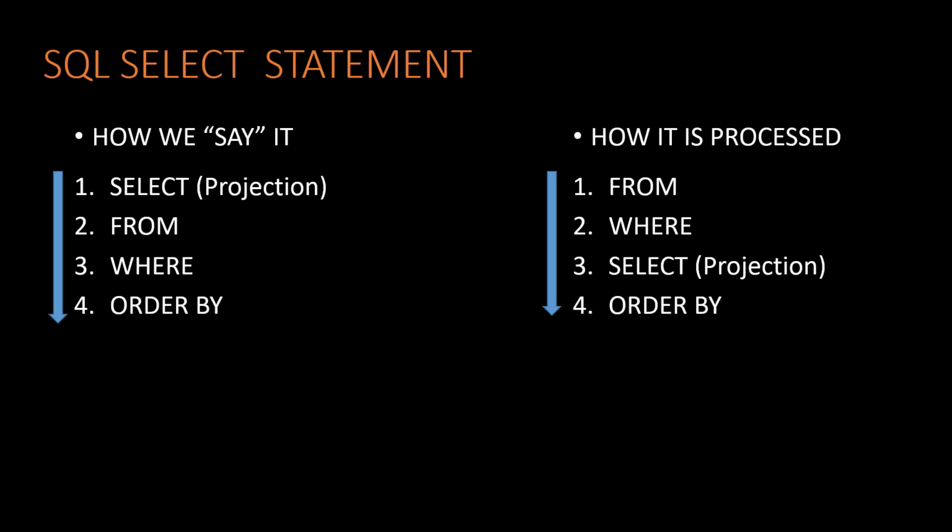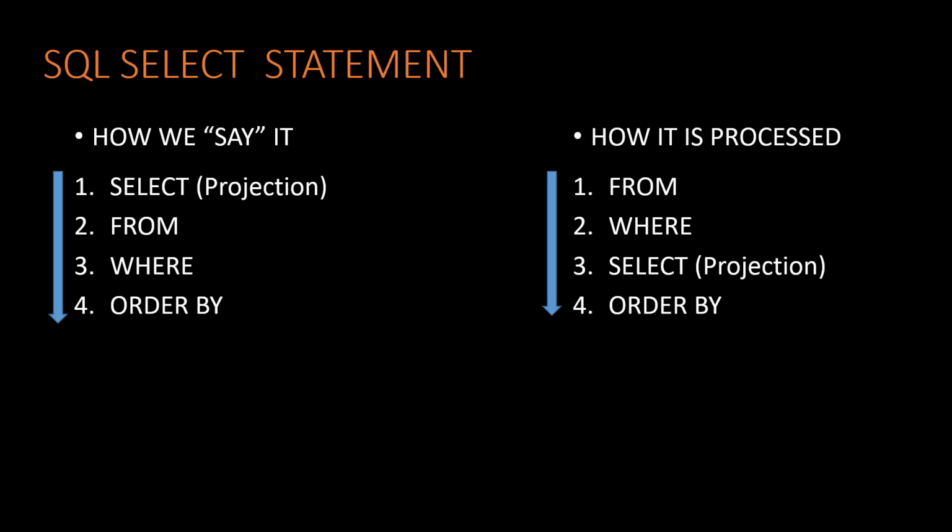One really key thing to note is how you craft the select statement: you say select, from, where, order by, but the way that the SQL engine processes that statement is not in the same order that you write it. This is confusing to rookie database people because they don't understand that the query engine is handling their command in a different way than they are structuring it.